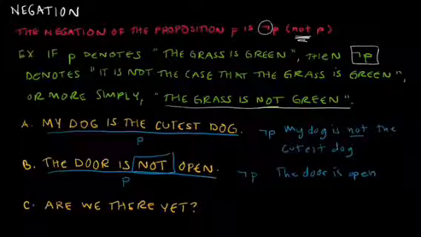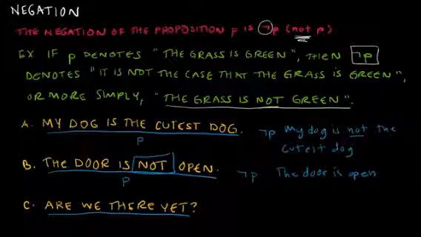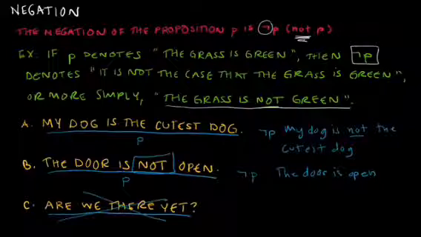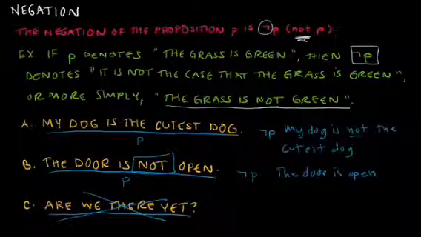Again, we could say it is not the case that the door is not open, but in real life we would just say the door is open. Last one, are we there yet? Be careful with this because this is not a proposition. It's not a declarative statement that is either true or false, and because of that, I can't negate it.